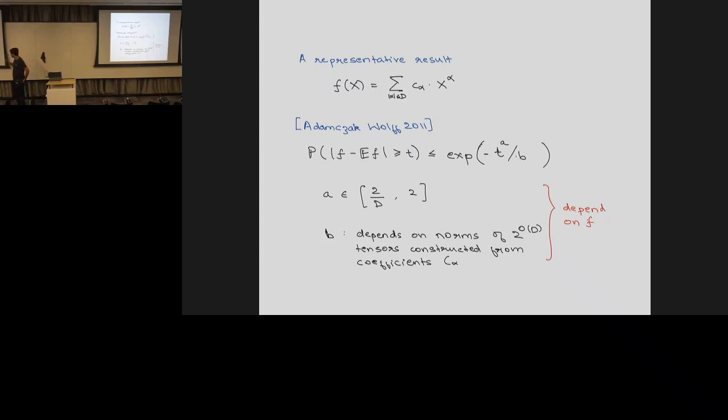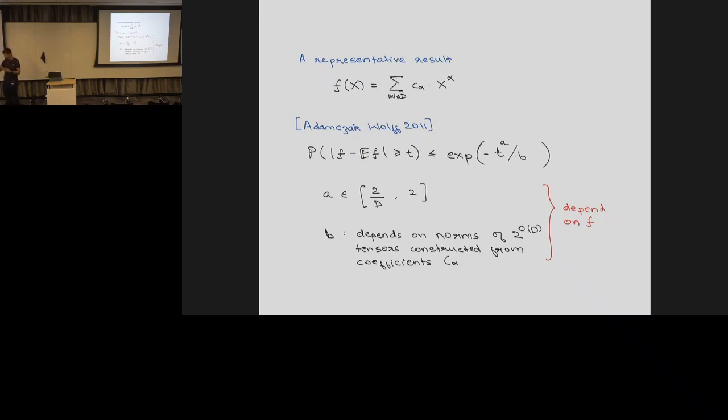There is an exponent, and there's something it's divided by, which is kind of the analog of variance for linear functions. The result is a bit complicated to state. The stuff that appears in the exponent is the worst of some 2 to the d bounds, which depends on norms of some matrices, or norms of some tensors, which are constructed from this polynomial.